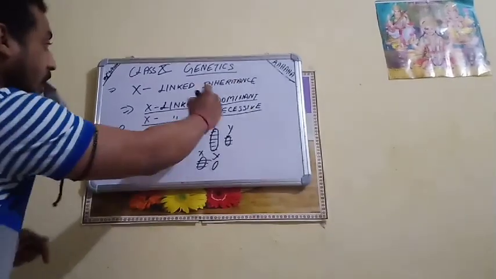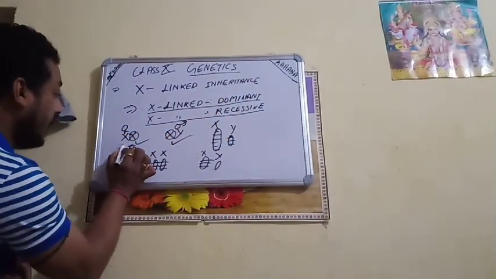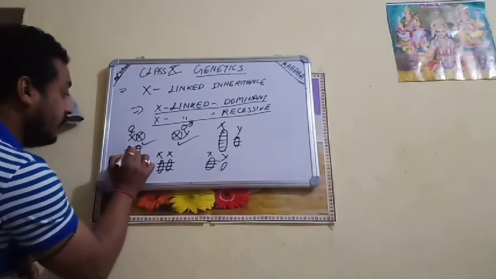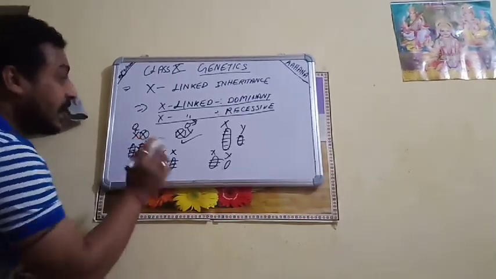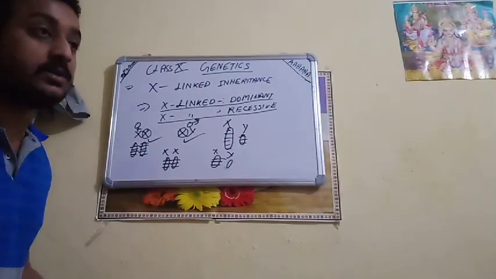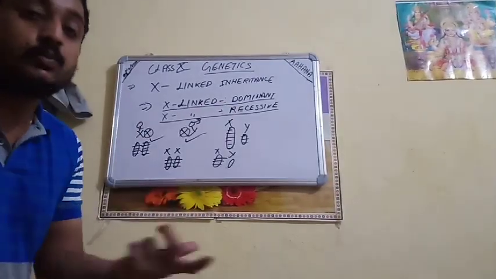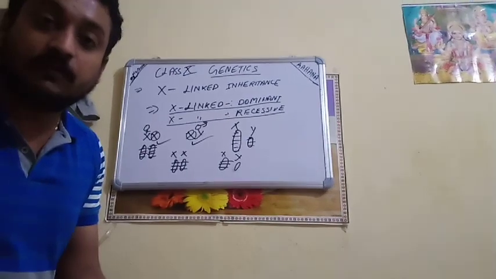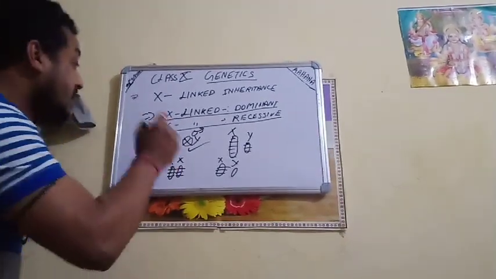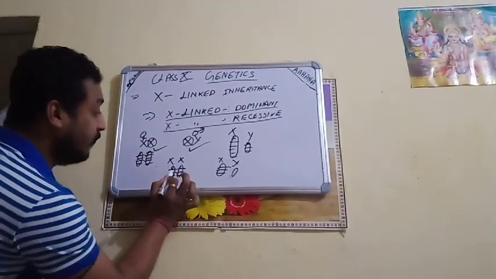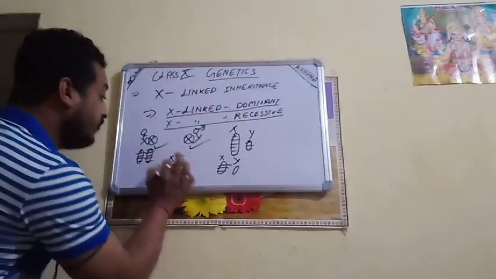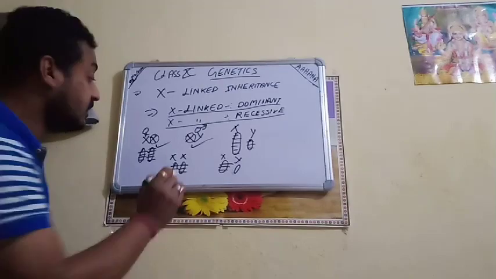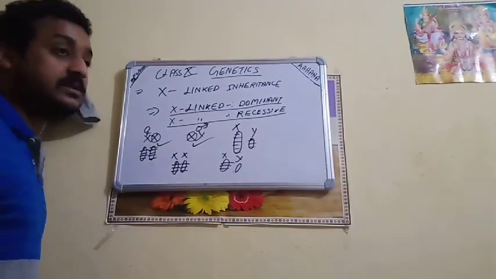If in a particular X chromosome the gene is altered and the alteration is dominant, then the other X chromosome cannot tackle it. And Y also cannot, because Y is already very small and cannot manage up with X. But in recessive, if a particular alteration takes place in X-linked recessive, then the next X chromosome can suppress it.